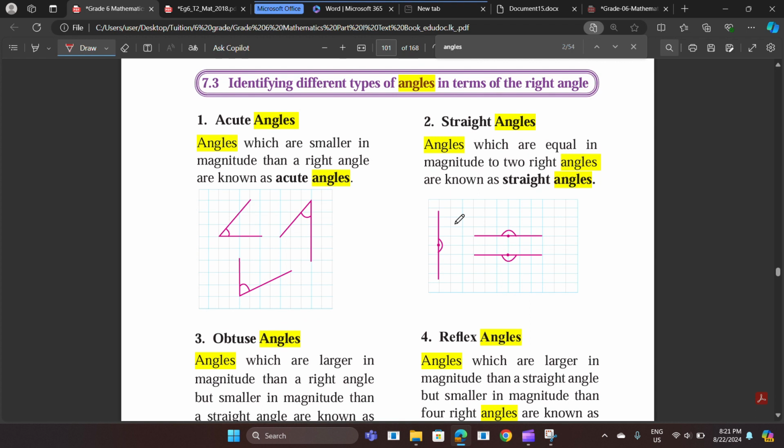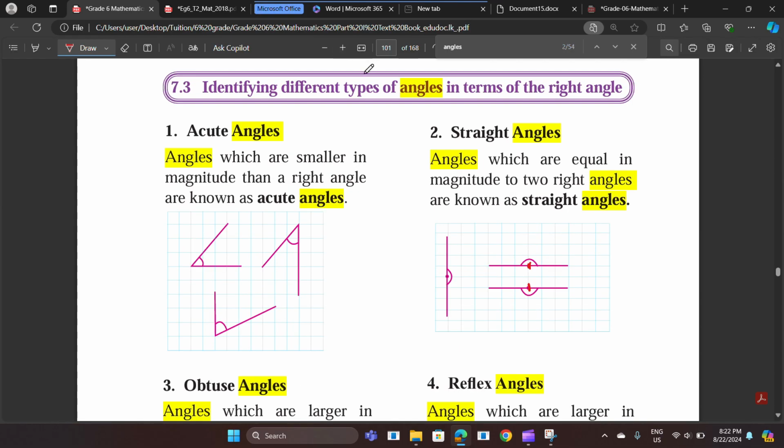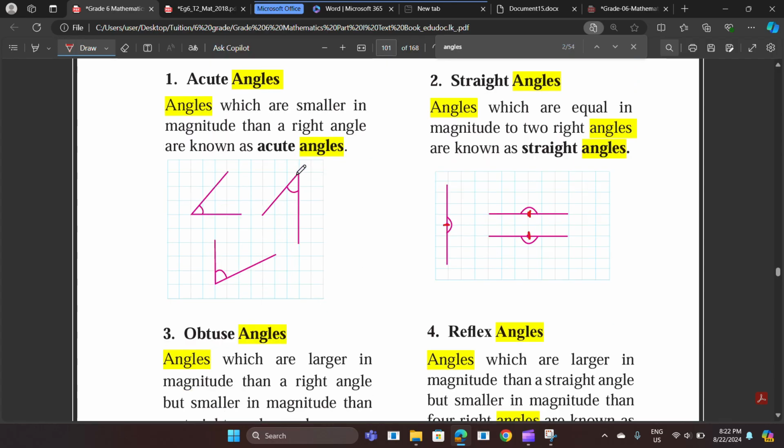We can't see the vertex clearly in straight angles, but there is a vertex, the point where the two arms of the angle meet. And this is the vertex of these acute angles, which are visible now.